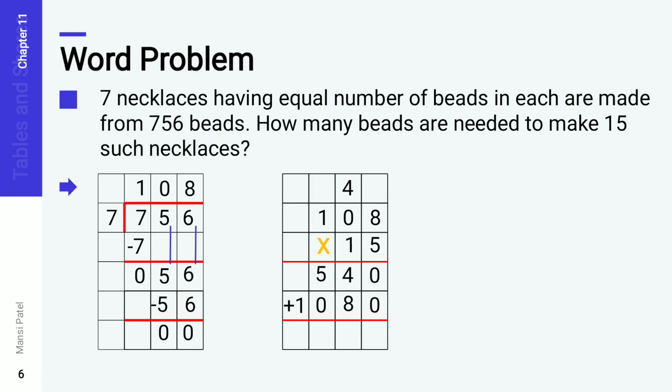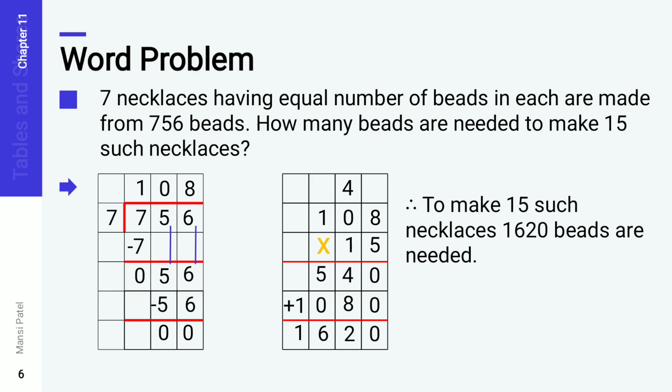Now do the addition. 0 plus 0 is 0, 4 plus 8 is 12, 1 on the carry, 5 plus 1 is 6, and 1 plus 0 is 1. So we can say that to make 15 such necklaces, 1620 beads are needed.